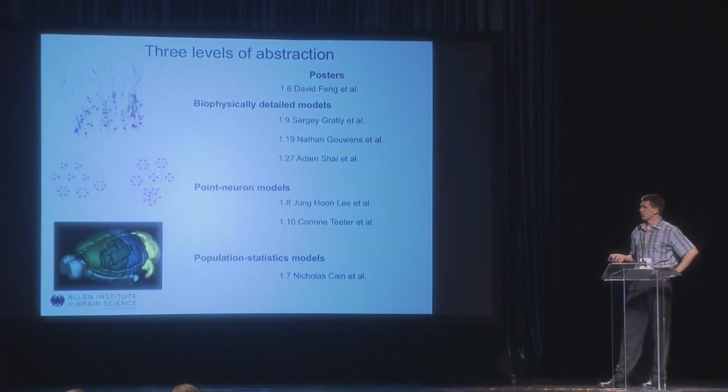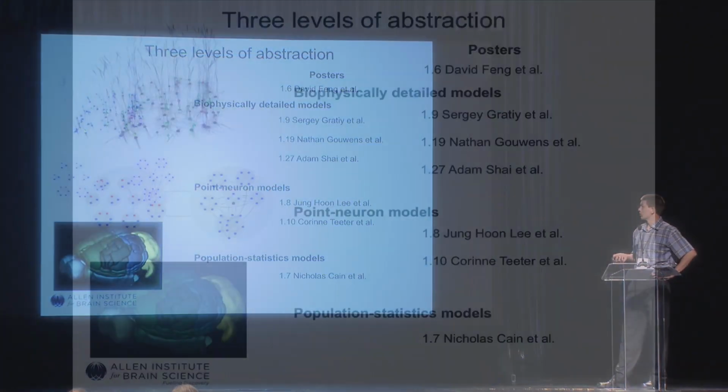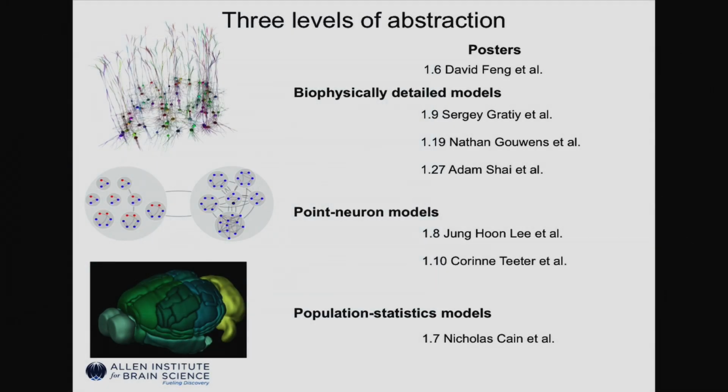And finally, I just want to point out that we work here at different levels of abstraction in terms of modeling. Please come and check out these posters where you will see more details about each of these methods. But in a nutshell, we have 3 levels. Biophysically detailed models, where we represent morphology and biophysical properties of neurons explicitly.